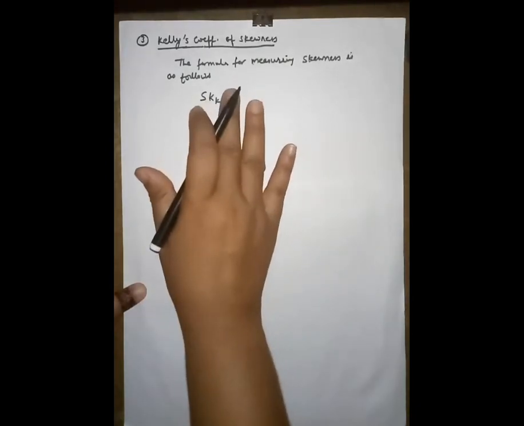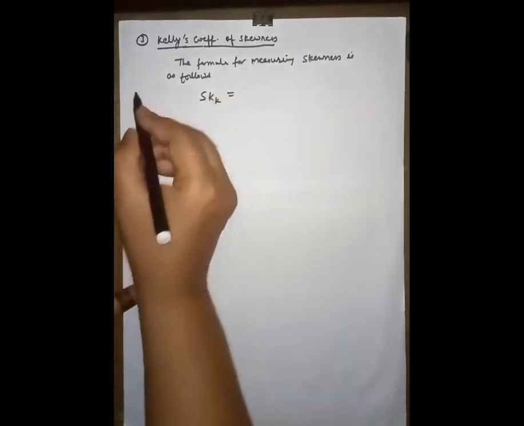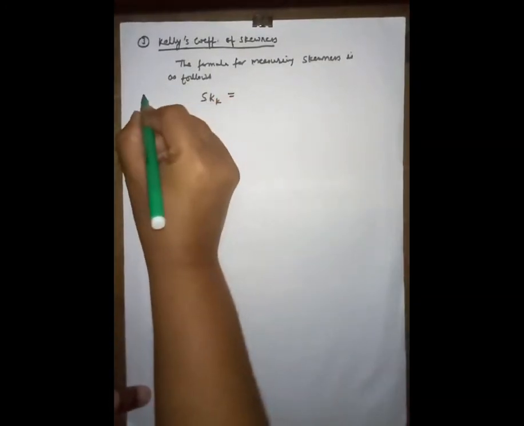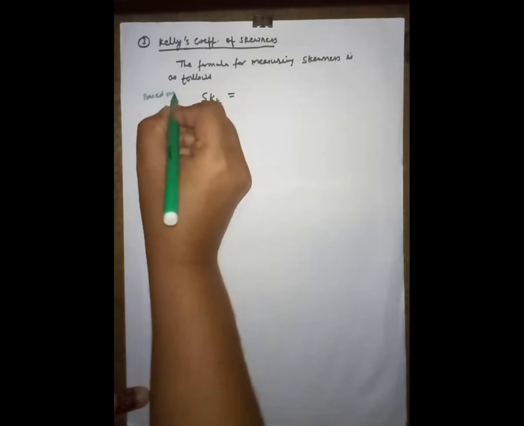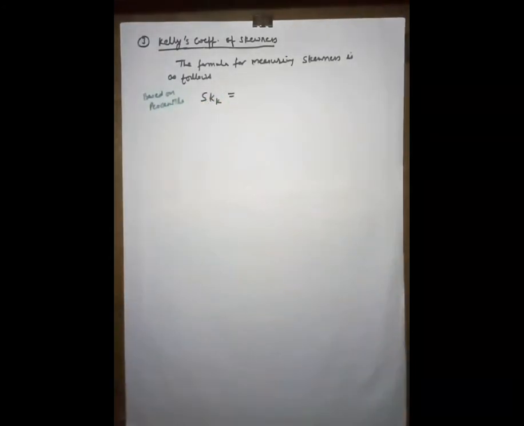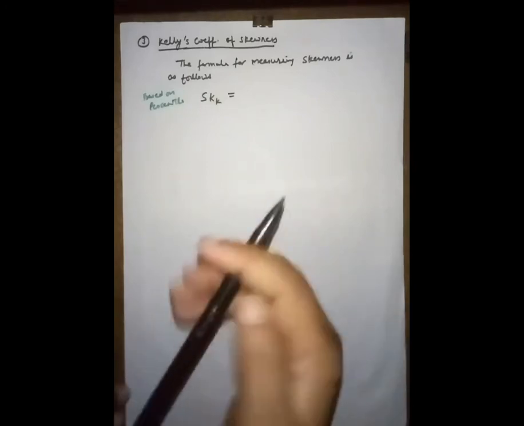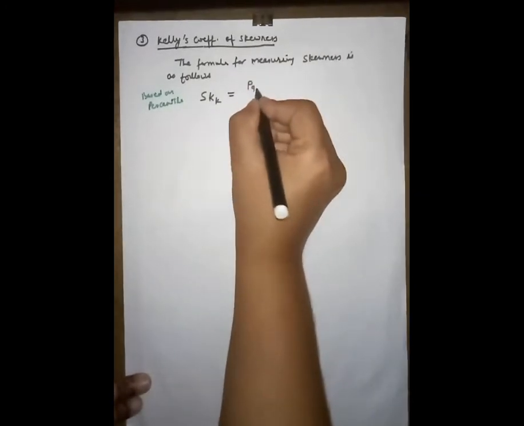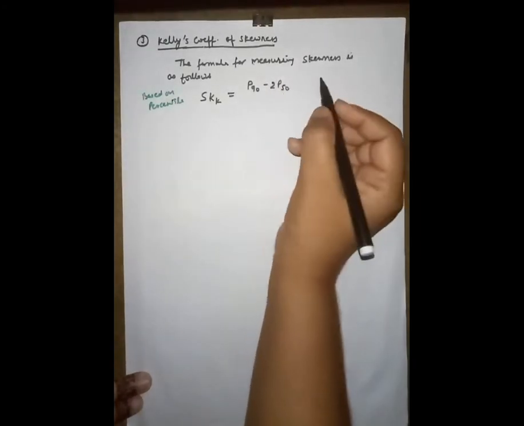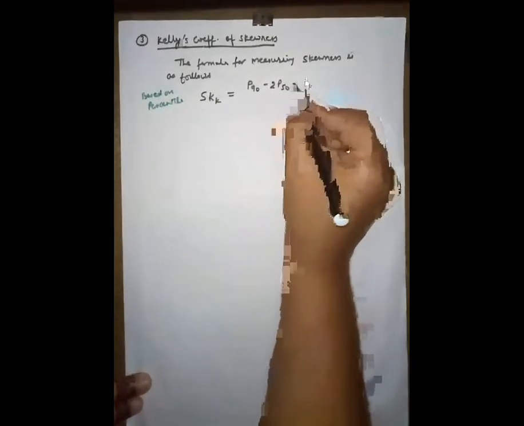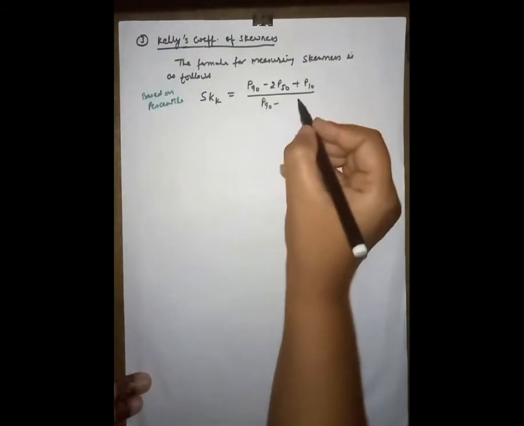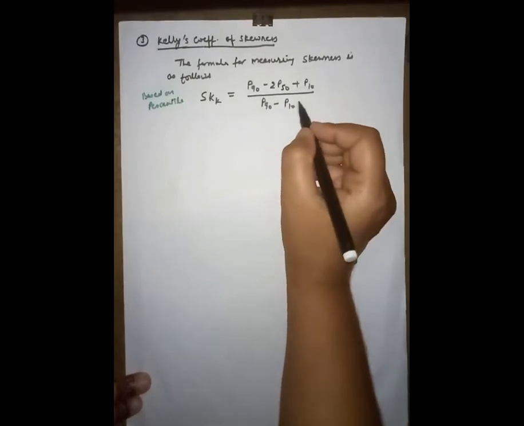First we write the one based on percentile. So what's the formula? SKK equals (P90 minus 2 times P50 plus P10) upon (P90 minus P10).